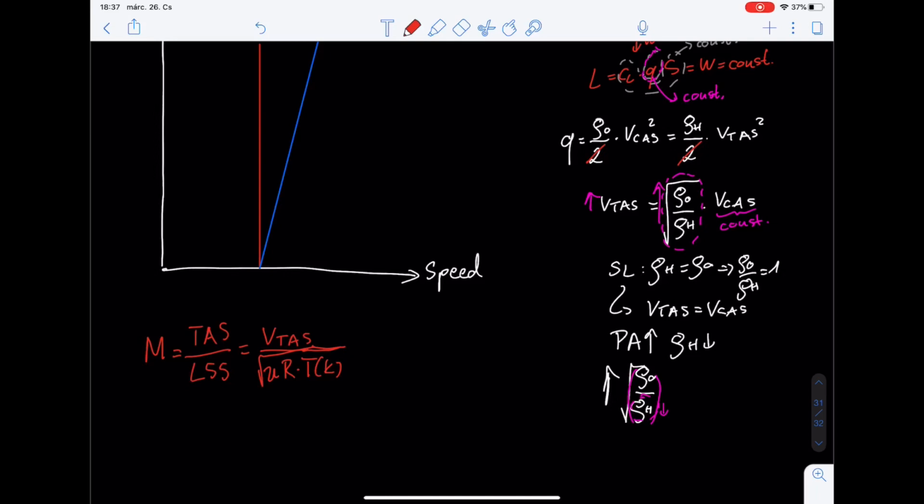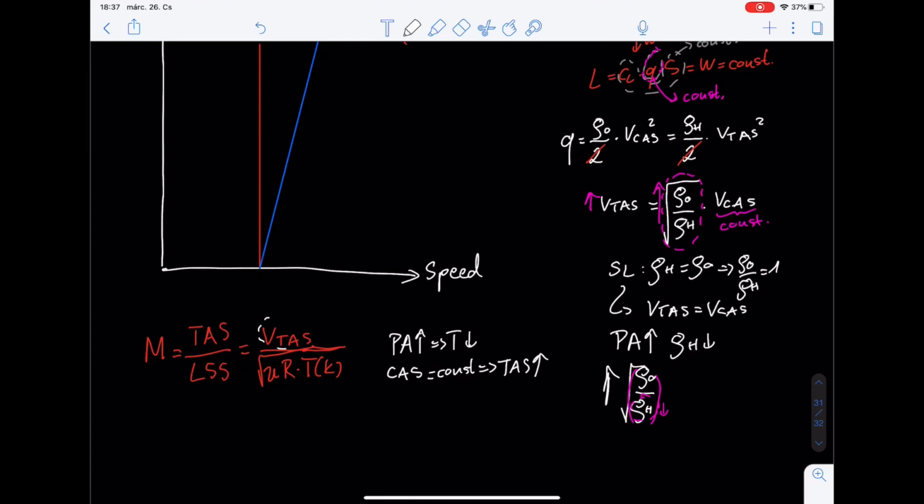So what we can see is that as the pressure altitude increases, temperature decreases, and if the calibrated airspeed is constant, then the true airspeed increases.